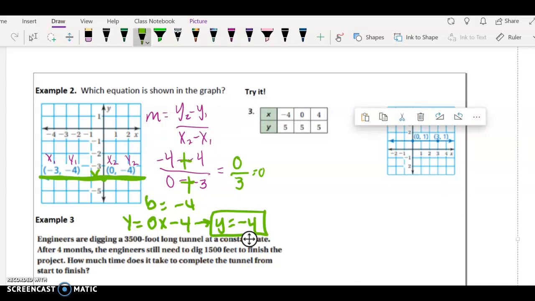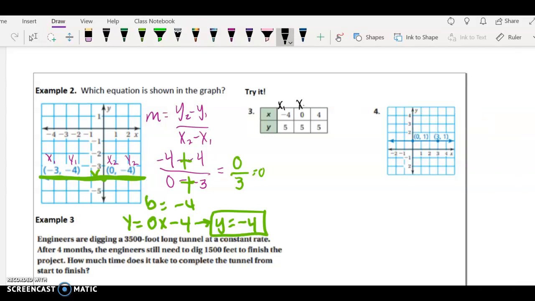All right, so we have our x1, x2, y1, y2. So y2 minus y1, so 5 minus 5 over 0, which is our x2, minus our x1, which is minus -4, which will be plus 4.